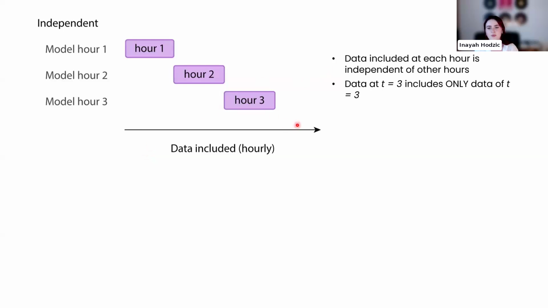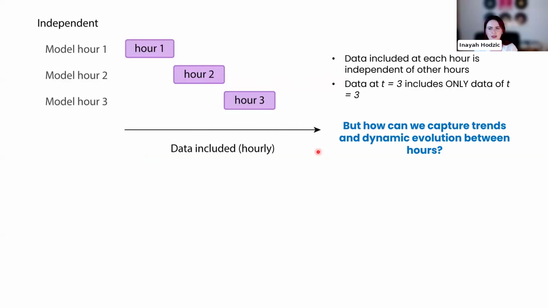But back to this, we still have that same question from before, which is how can we capture trends between different hours and capture an evolution within the signal if we're treating them as completely isolated, independent pieces of data.